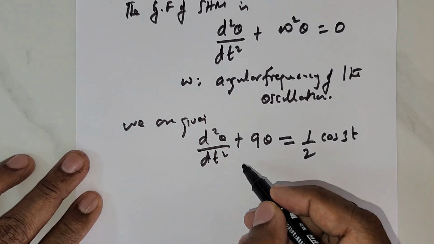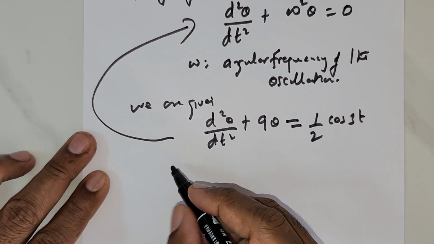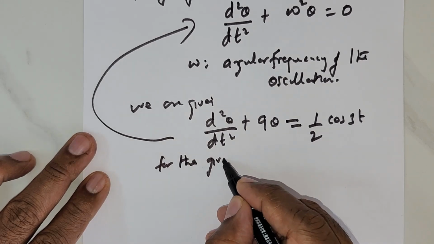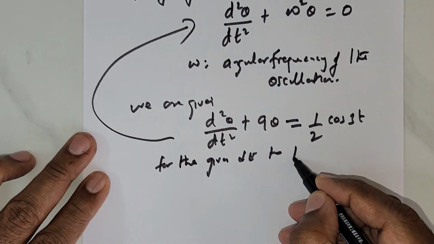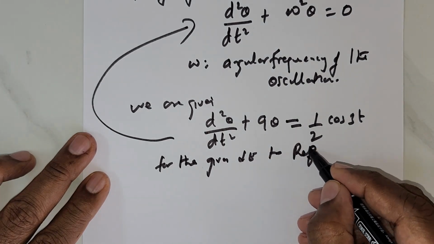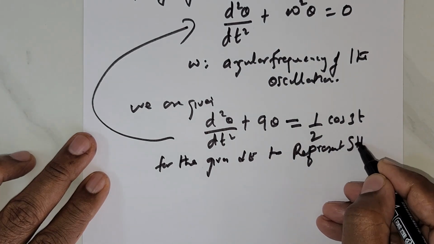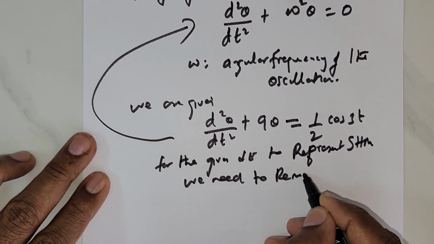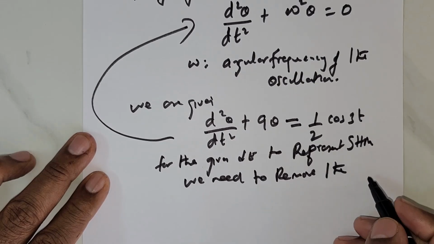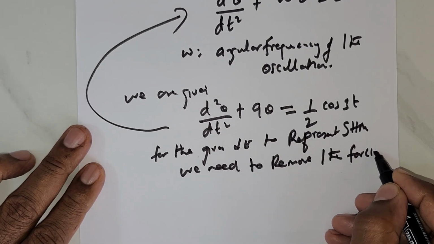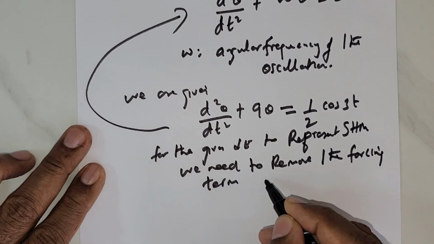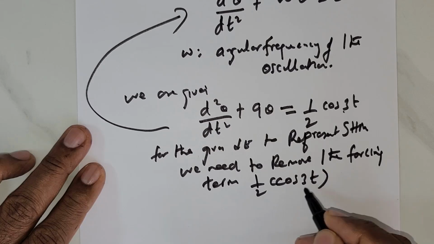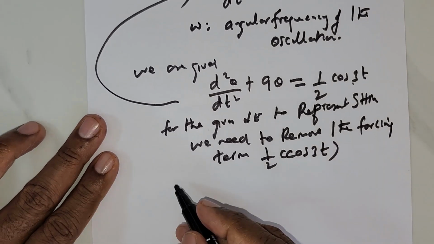Now for the given differential equation to represent SHM, we need to remove what you call the forcing term. We need to remove the forcing term, this is called the forcing term, 1 over 2 times cos 3t. Okay, this has to be removed.